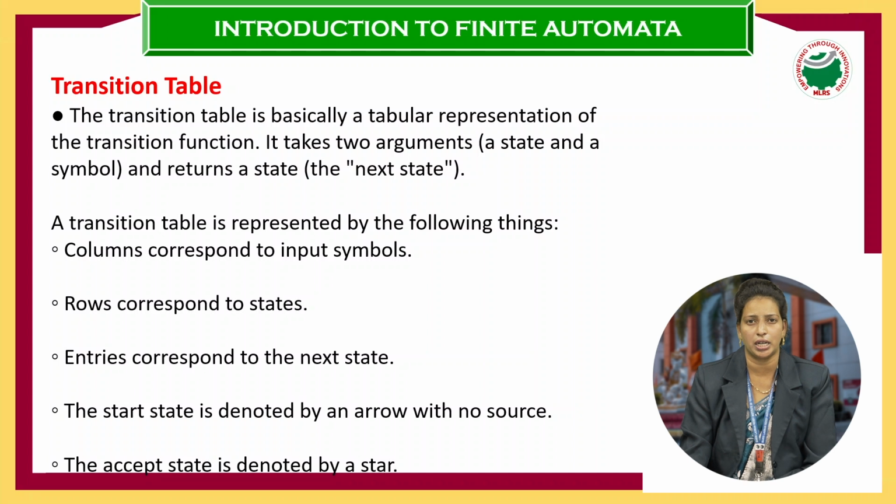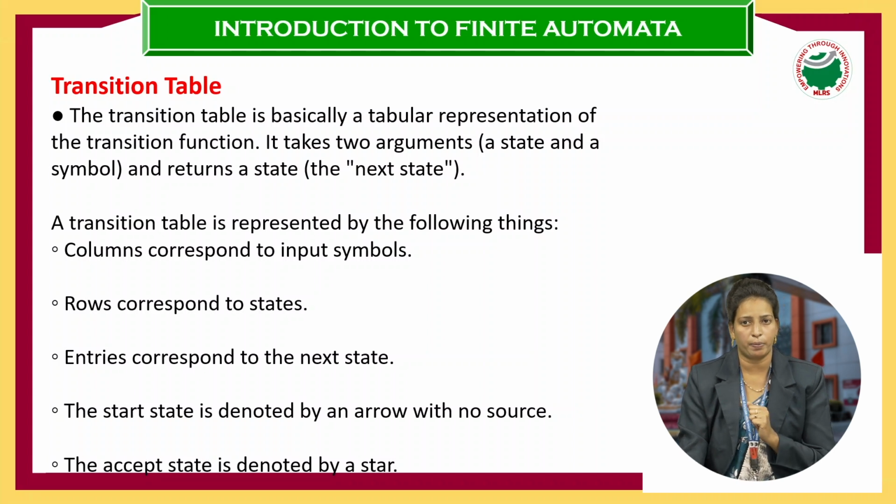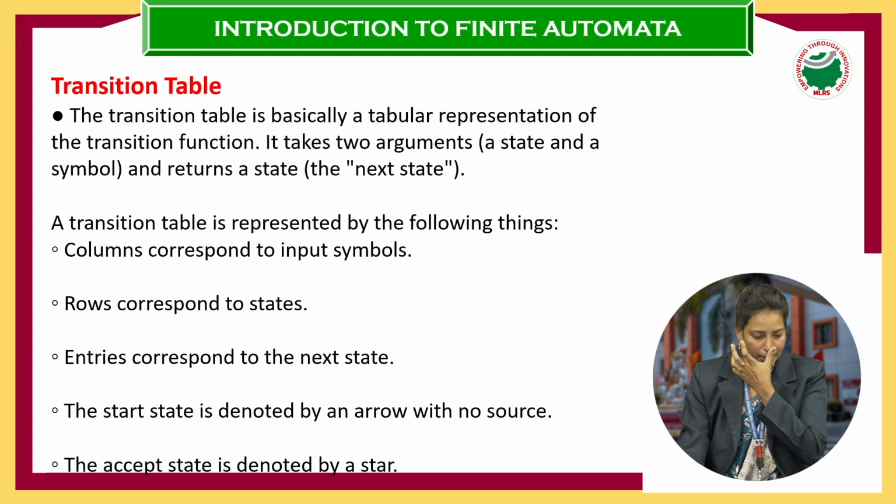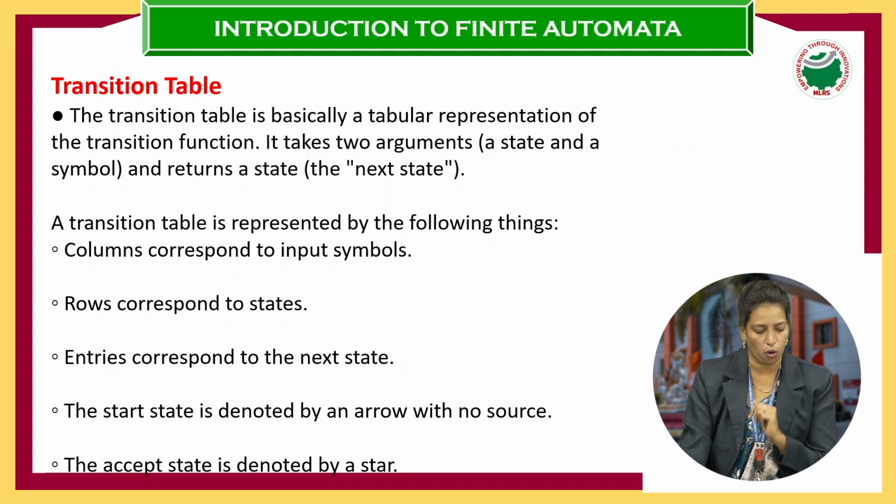Next, the transition table. So there are two representations: the first one is the transition diagram, the second one is the transition table. The transition table is also called the tabular representation. It takes two arguments, a state and a symbol, and returns a state, that means the next state.